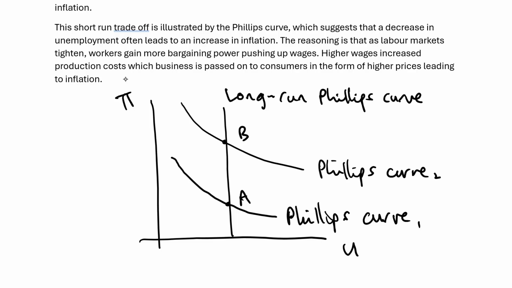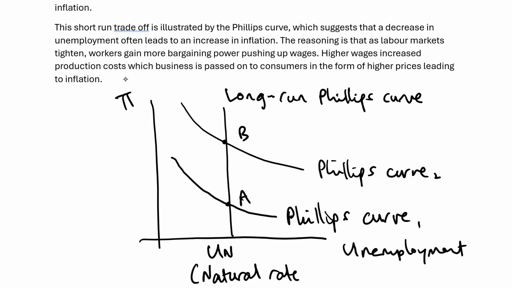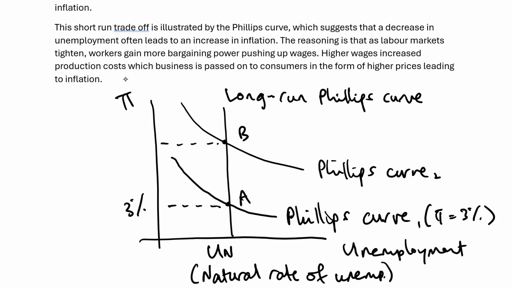We'll call this unemployment. And we're going to have this UN, or natural rate of unemployment. Let's say maybe 3% for point A, so pi equals 3%. And at point B, we might have 6% inflation, so pi equals 6% for that second Phillips curve. Okay, so I'm going to explain everything, right? So don't freak out if you don't understand what this is going on about.